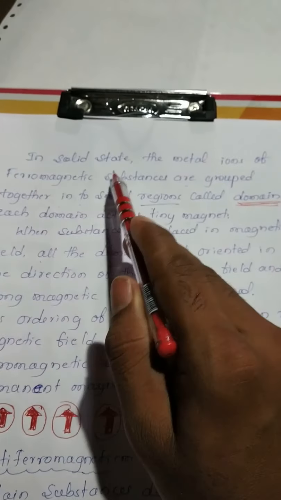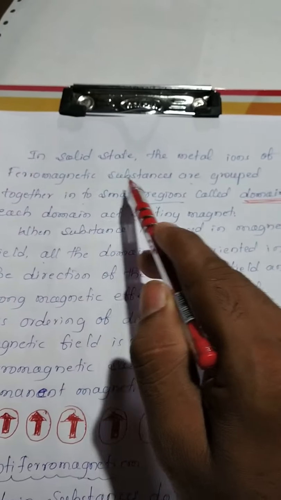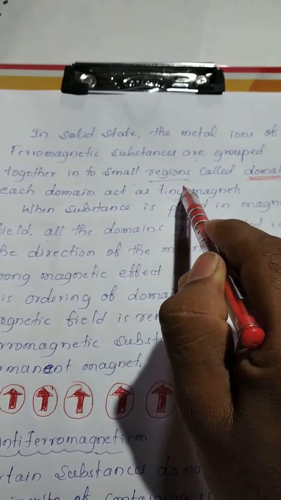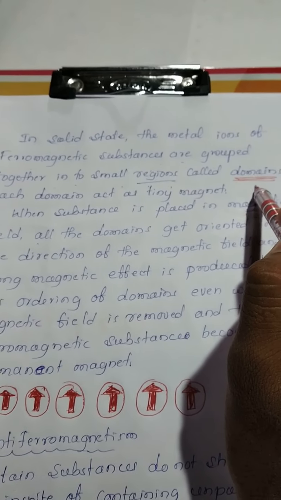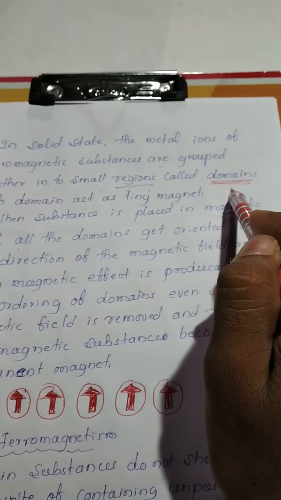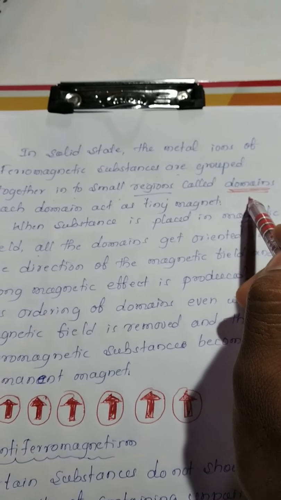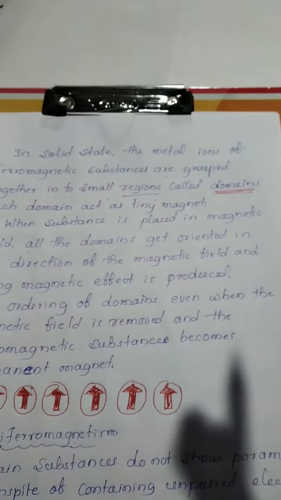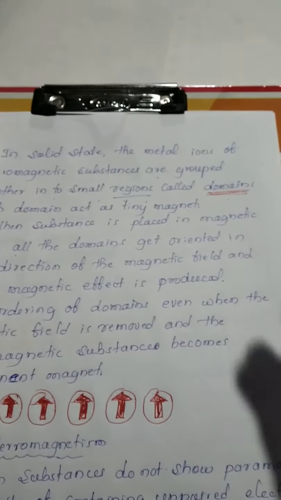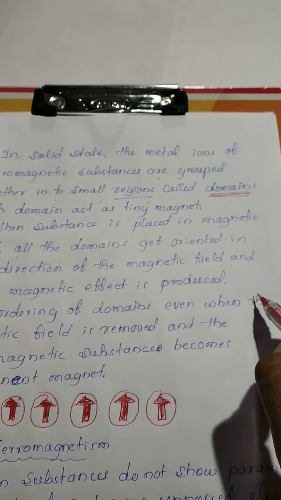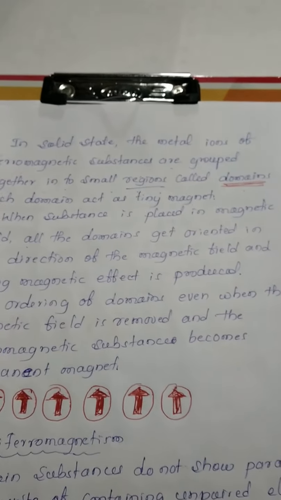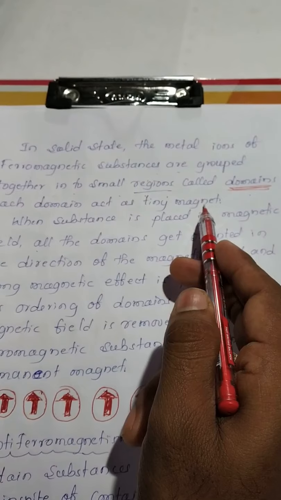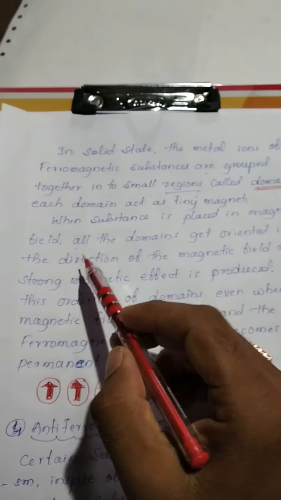For example, if you have 100 atoms, just group them into 10 atoms each. So a group of 10 atoms is called a domain. Each domain acts as a tiny magnet.